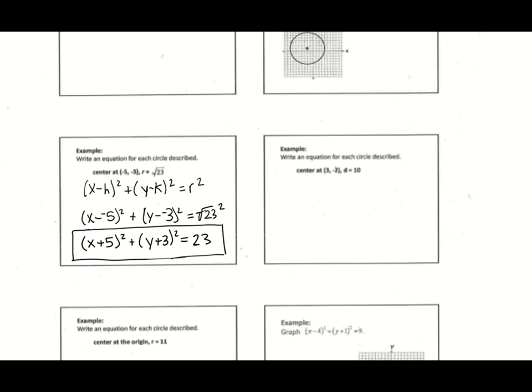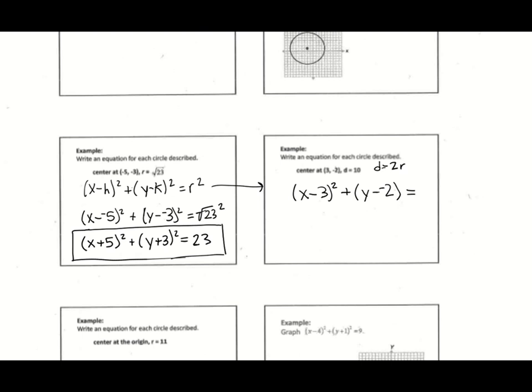For the second one, I'm given my center, but this time I'm given a diameter. So when I plug into this equation here, I know that x minus 3, my h is 3, plus y minus a -2. But I need to find my radius. So remember, our diameter is equal to 2 times the radius.